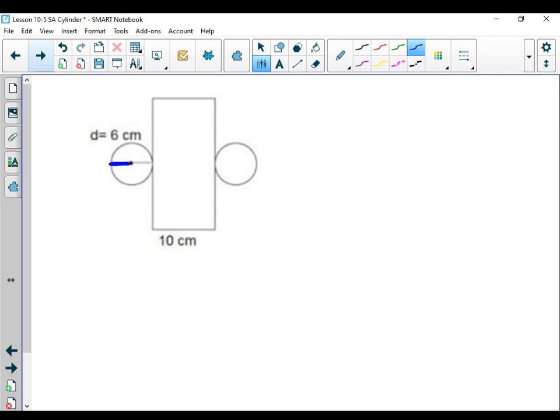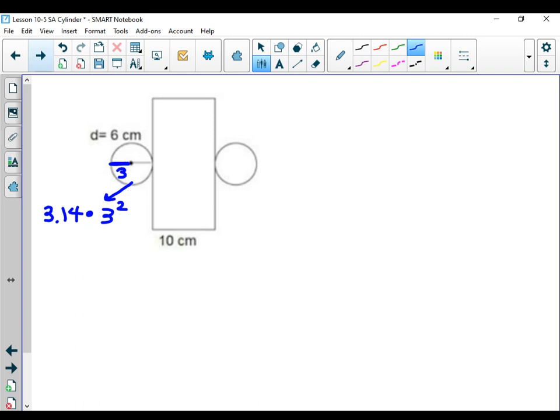We don't want 6. 3. We want 3. Straight. Now up in. 3 times, oh no, 3 to the second. Sorry. Times 3.14. Okay.